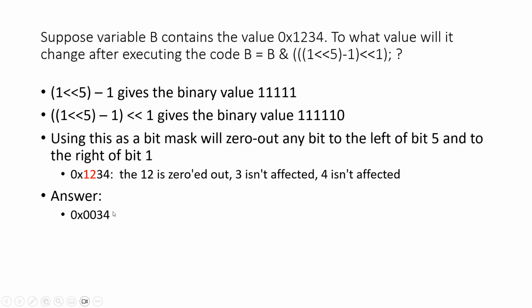So 4 will be retained, and the 3 in this hex digit is 0011. That corresponds to bits 5 and 4, and those will be retained. So that digit 3 will be retained, but the 12 in the upper 8 bits will both be turned off. Does it make sense?